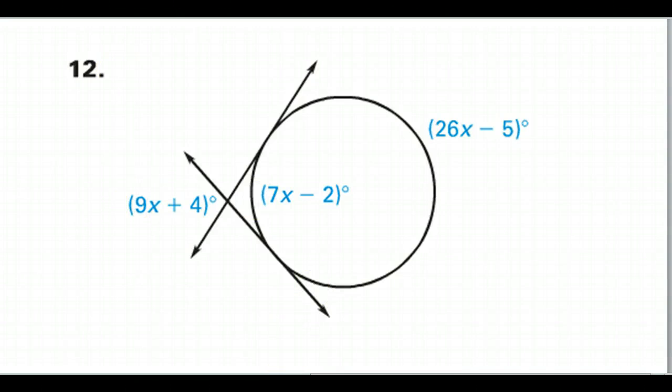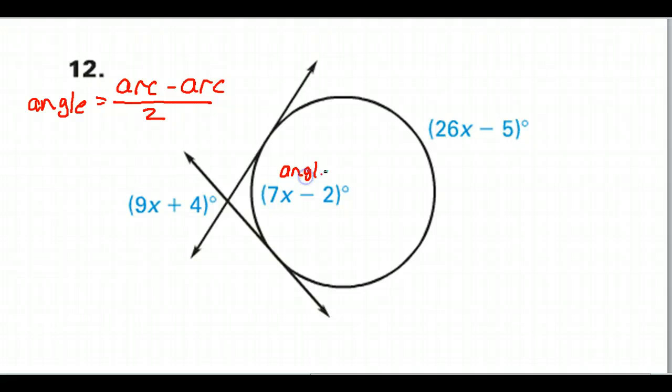So, in fact, let me just set that up in words for a second. Angle equals arc minus arc divided by 2. So I'm just going to put each one of these expressions in where they go. This is the angle right here. And the other two are arcs. That's an arc, that's an arc.